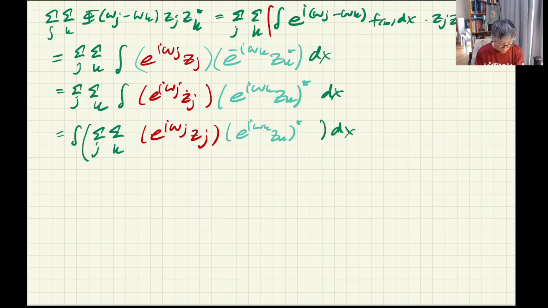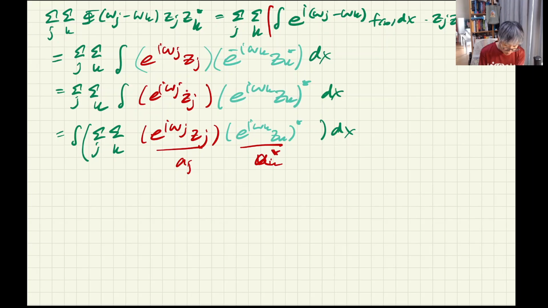Okay, next I would like you to take a look at this double sum. It seems like you have a double sum of this term, and it is very similar to this one, except that it has a complex conjugate. So think about this as some aj, and then you have bk, so ak star.